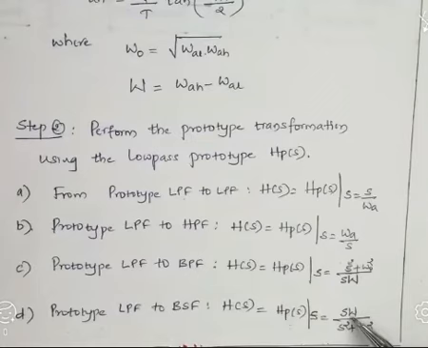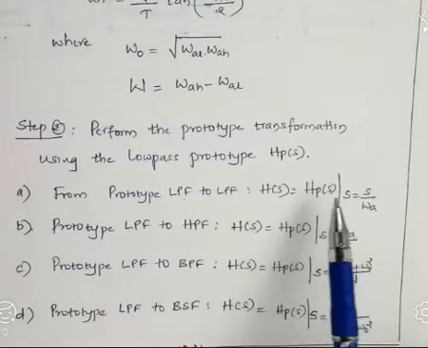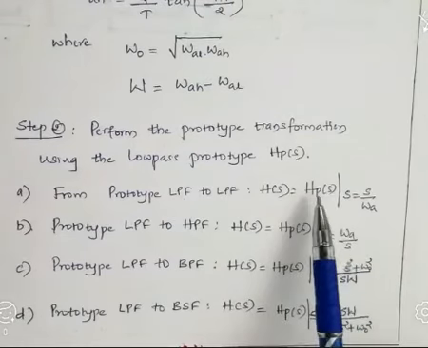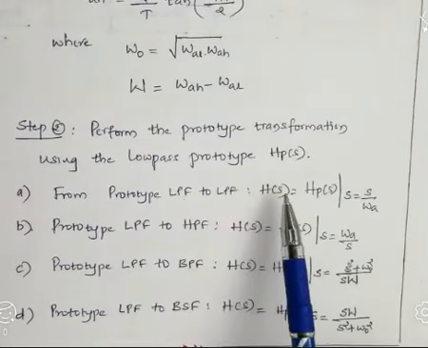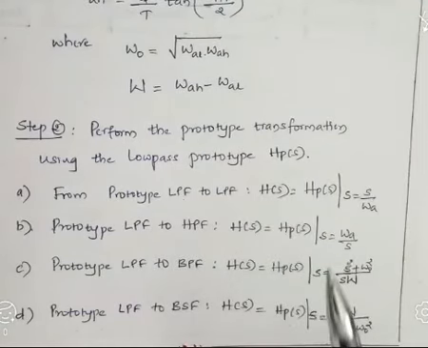Once again, HP(S) is the system function of the prototype filter. H(S) is the system function of the desired filter, whether low pass or any other filter. So this is the second step.